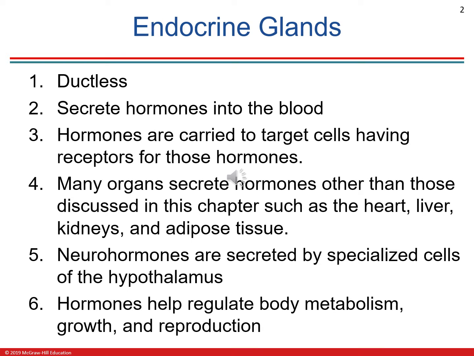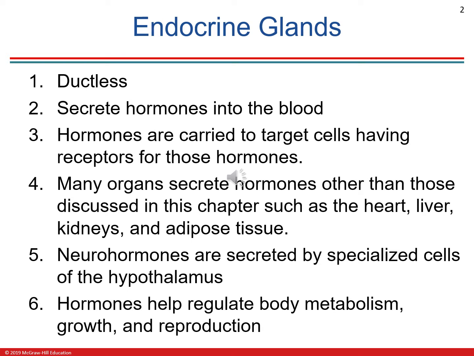We also have neurohormones, because there are specialized cells in the hypothalamus that produce those hormones, and those hormones are stored in the posterior pituitary. Now, it's not the time to talk specifically about the neurohormones, but we will talk about them at the time to explain the posterior pituitary hormones.